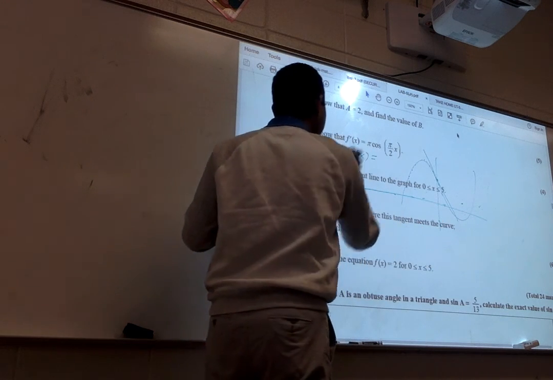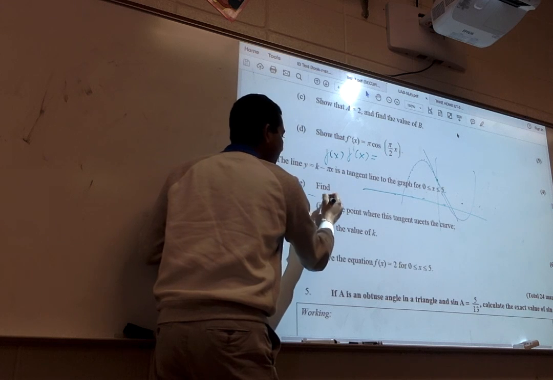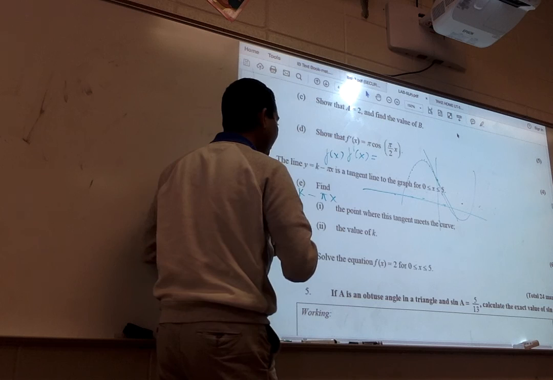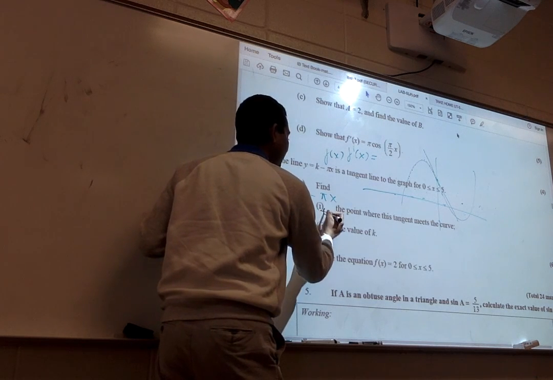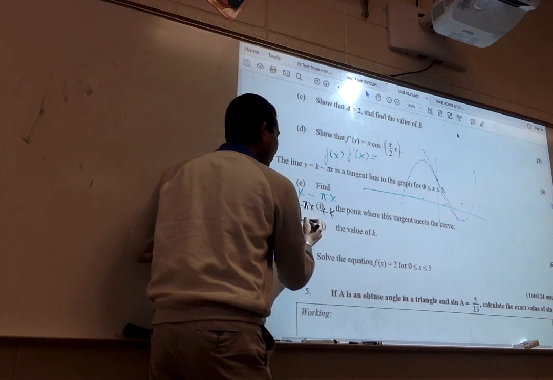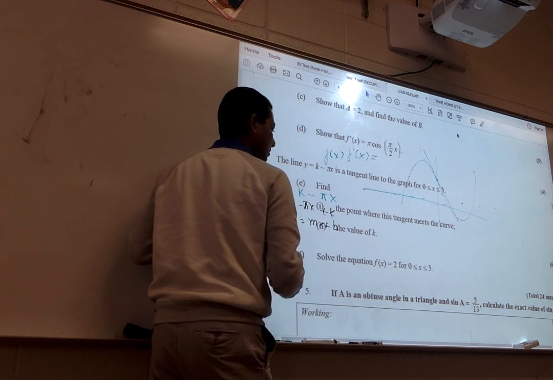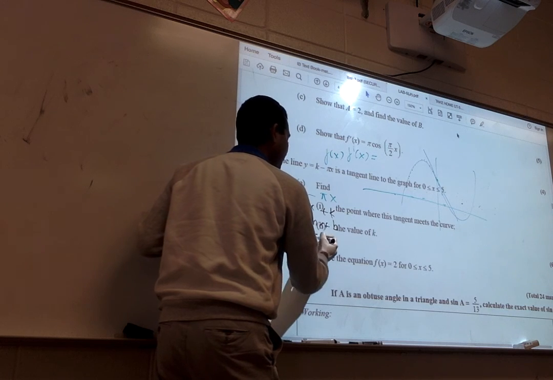Okay. Now what is the slope of the line? We have y is equal to k minus pi x. That means I can rewrite this as minus pi x plus k. Can I do that? Is this in the form of y is equal to mx plus b? Yes. So what is the slope of this line? So m is negative pi.